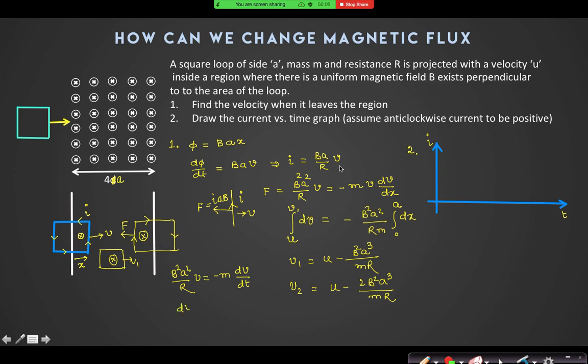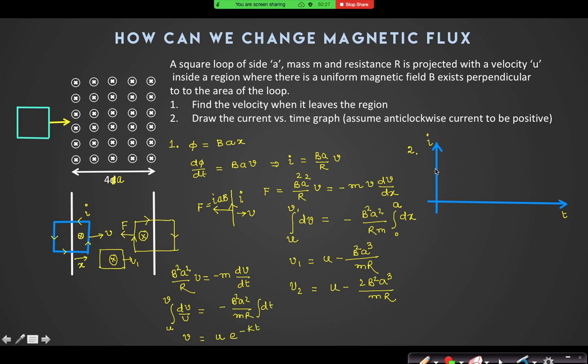So I can say dV by V is equal to minus B square A square by MR into dt. So from U to V, V is equal to U into e power minus kt.